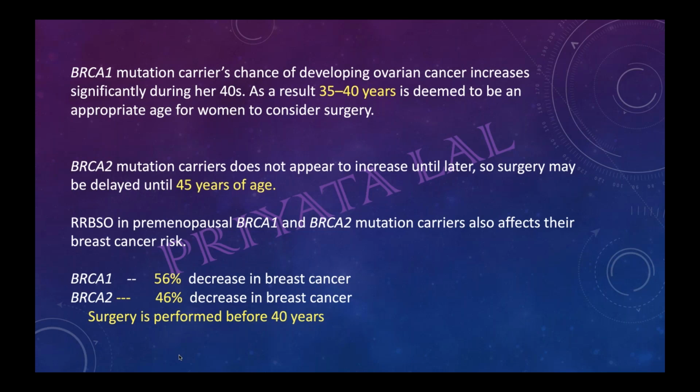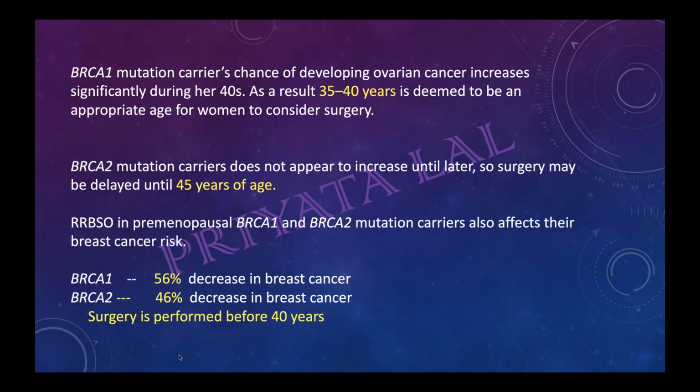Apart from this, if the ovaries are removed, then the hormones are gone from the body, so there will also be a decrease in breast cancer. How much decrease in breast cancer? For BRCA1 it is a 56% reduction in breast cancer, and for BRCA2 it is a 46% decrease.